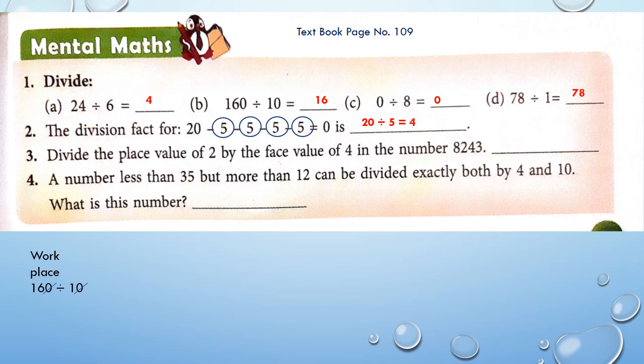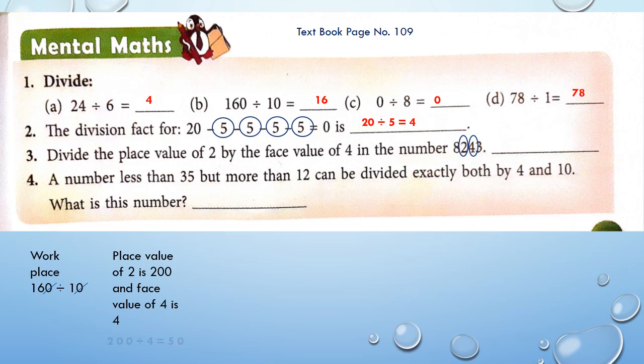Now divide the place value of 2 by the face value of 4 in number 8243. Now what is the place value of 2 here? Let us see. Place value of 2 and we have to see the face value of 4. Do not forget that. So place value of 2 is 200 and face value of 4 is 4.